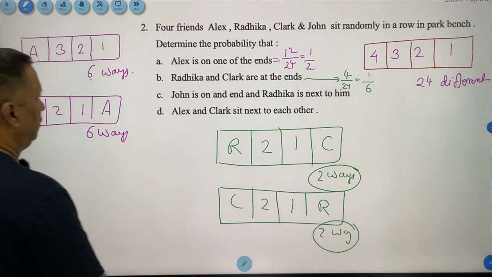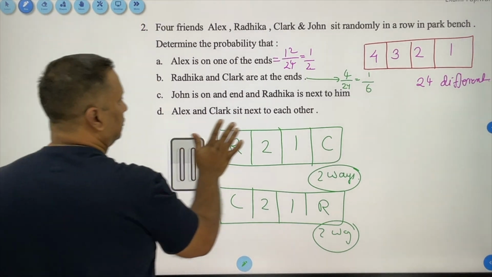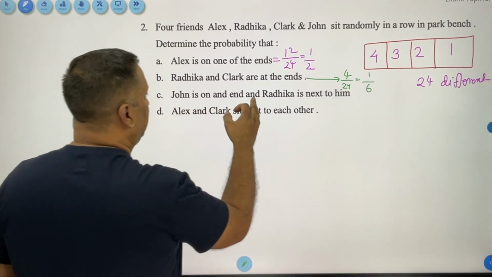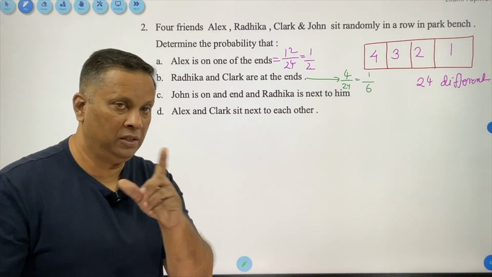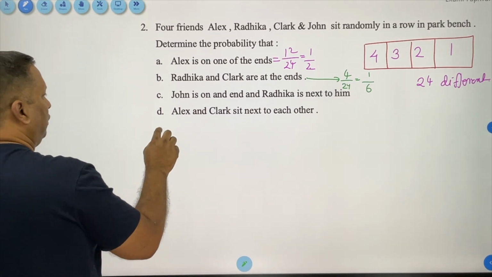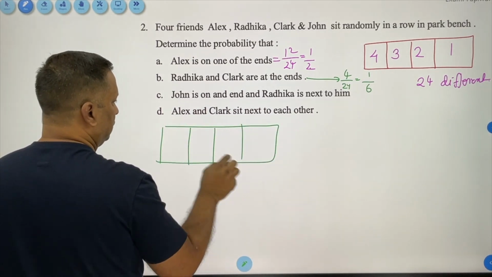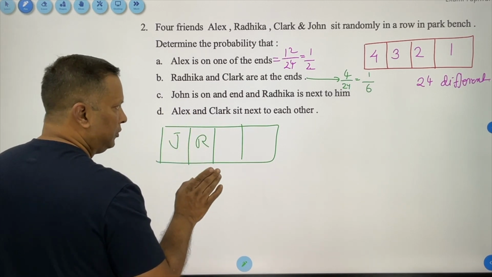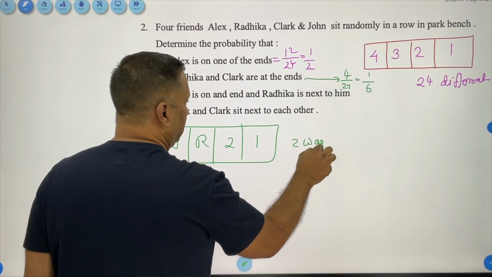Okay, children, now let's do C and D. John is on one end and Radhika is next to him. So if we draw that arrangement, John is on one of the ends and Radhika is here. Then how many possibilities? 2 ways and 1 way. This is possible 2 ways.